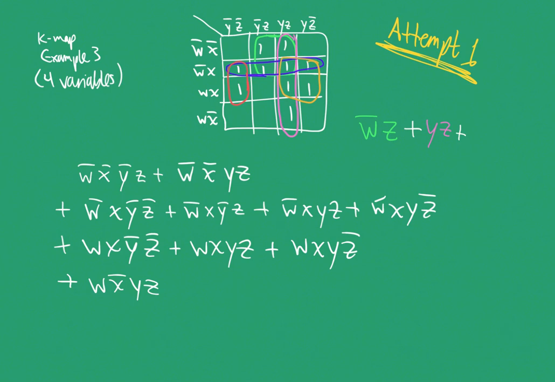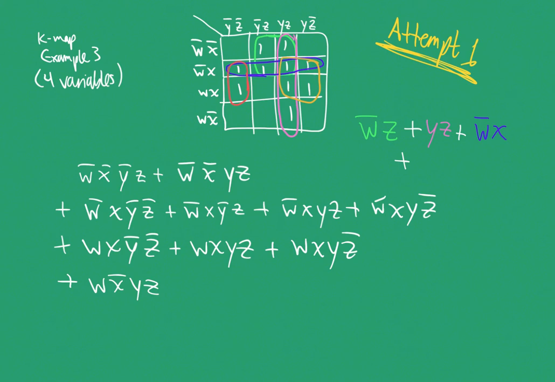Purple is this row, which, as we said earlier, is w bar x. And we have 2 more terms. Maybe I'll write those on the next line.